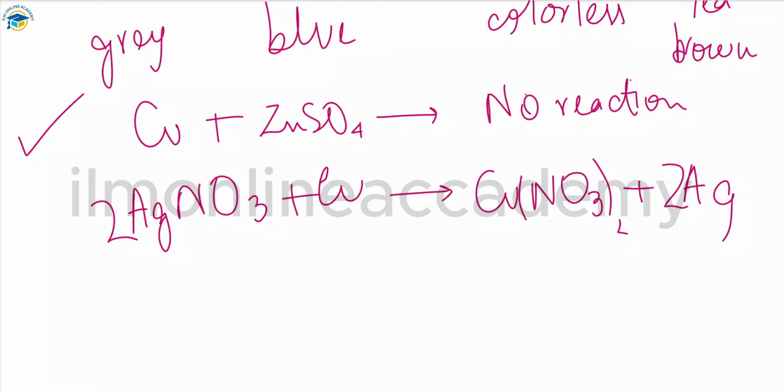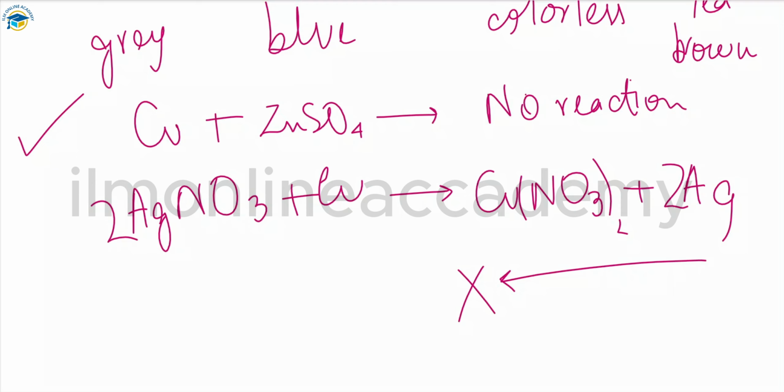And if we talk about the reverse, where silver would replace copper here, this will not happen. Why? Because silver is less reactive than copper. So copper displaces the silver from the solution. Copper is more reactive. The reaction has been used to produce a silver pine tree by using silver nitrate. But the reverse of this reaction will not happen.